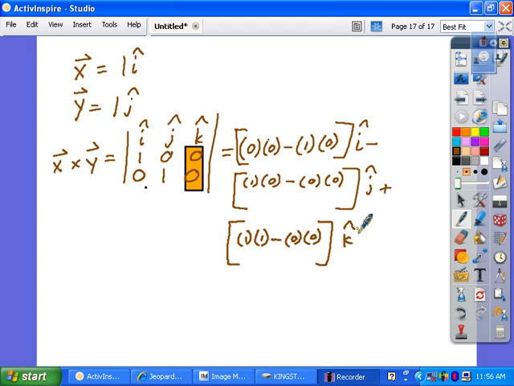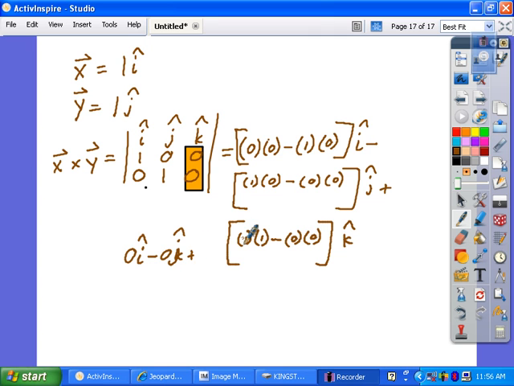So I'm going to simplify this out like I started to do earlier. 0 times 0 is 0. 1 times 0 is 0. 0 minus 0 is 0 i hat. 1 times 0 is 0. 0 times 0 is 0. Minus 0 j hat. I don't know why I drew a k there. I guess I just like redoing these things later.